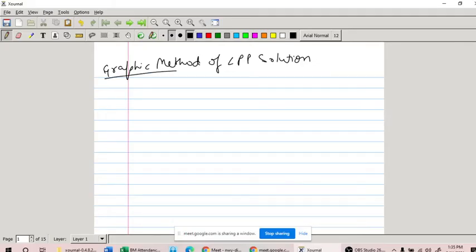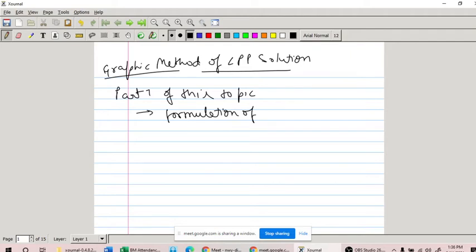Today's topic is graphic method of LPP solution. So we have already done part 1 of this topic, where I taught you regarding formulation of LPP, and we talked about the important elements of a linear programming equation, which was your objective function.